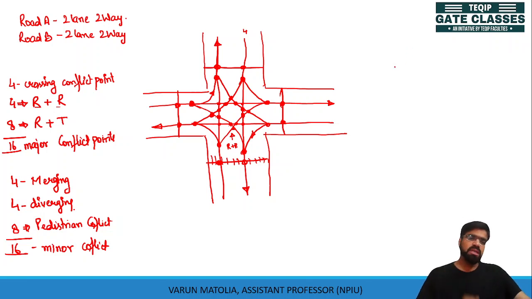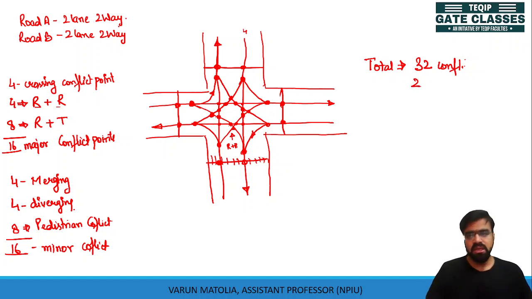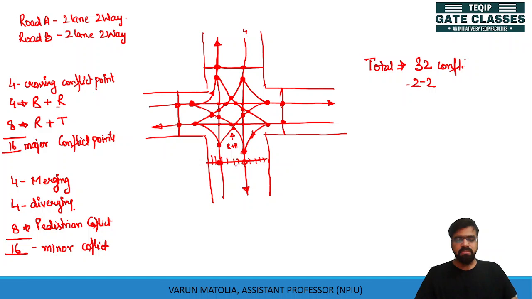So there are total 32 conflict points for two-way, 2-lane roads, for both the directions. Sometimes in a question, these pedestrian conflict points are not specified.